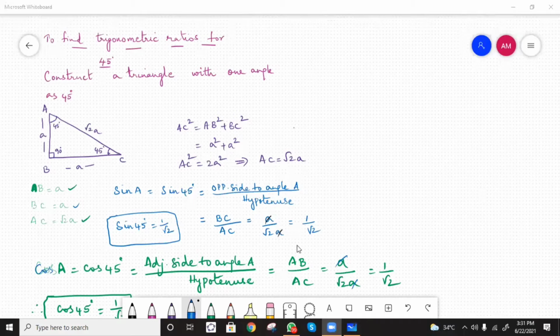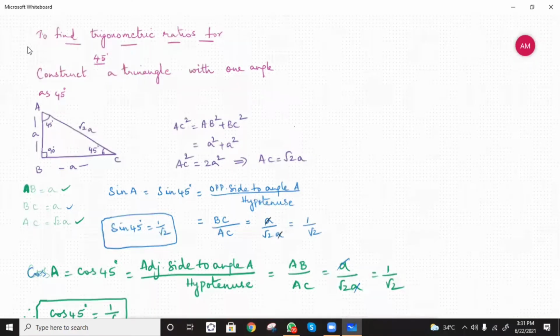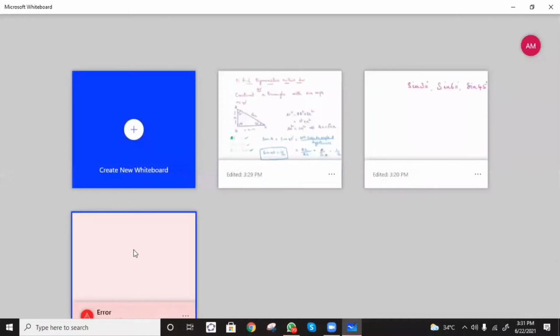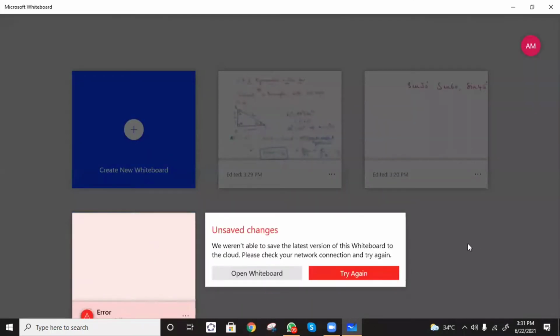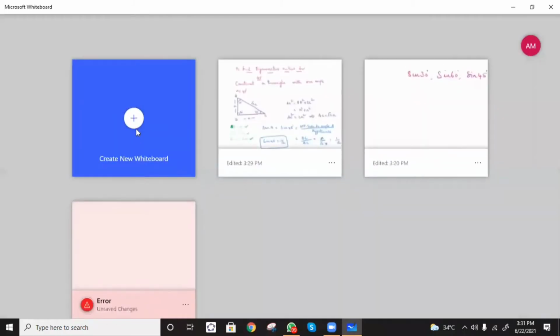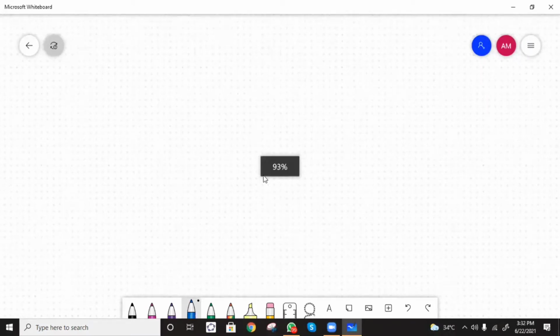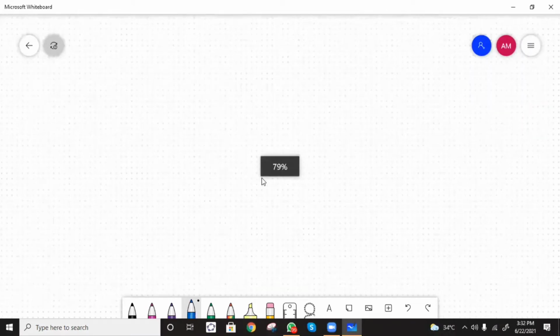So now let us find trigonometric ratios for 60 degrees and 30 degrees. Let us move to that to find sine 30 and sine 60.